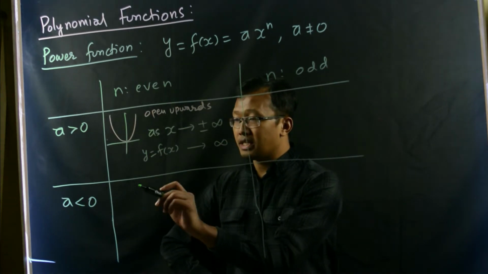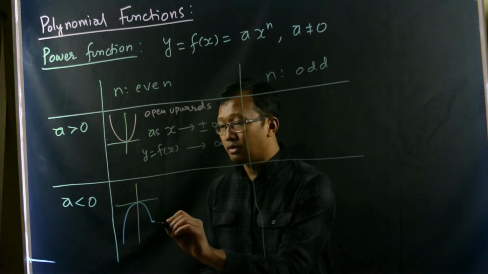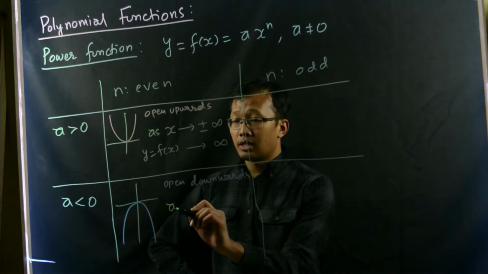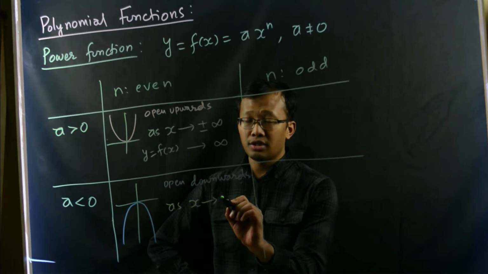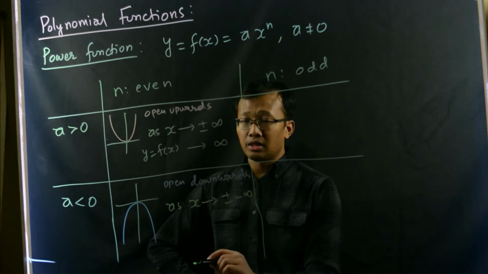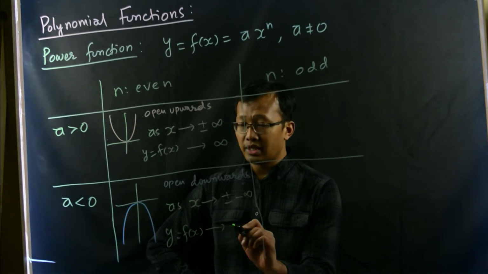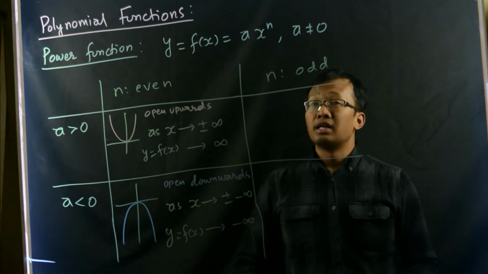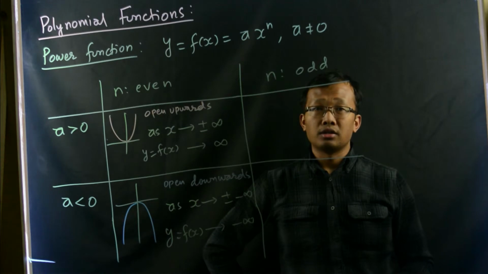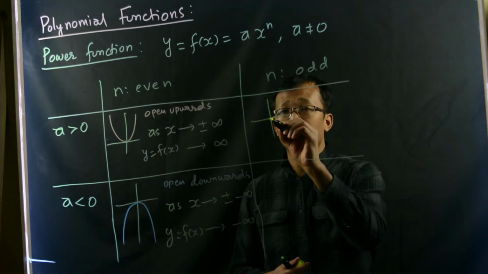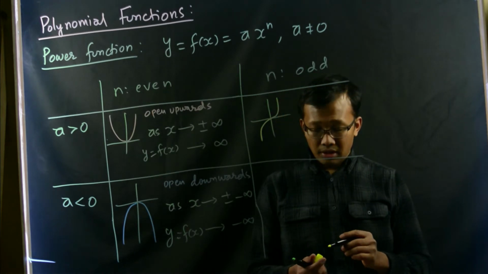Whenever we have a less than 0, then our curve will open downwards. As x goes to positive or negative infinity, the value of the function goes towards negative infinity. Let's talk about when n is odd. When n is odd, the curve would be something just like this.